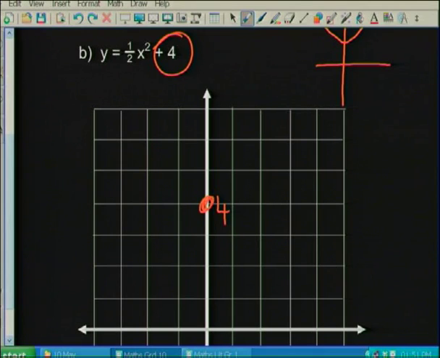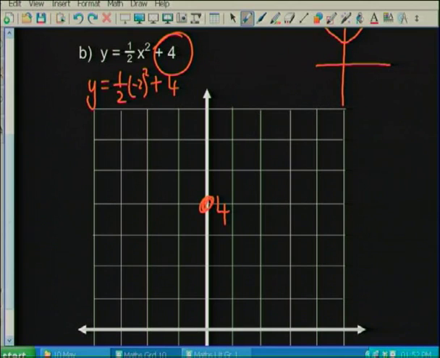So if I substitute minus 2 into the place of x, it is minus 2 squared, which is 4. 4 times a half is 2, plus the other 4, and that is 6.